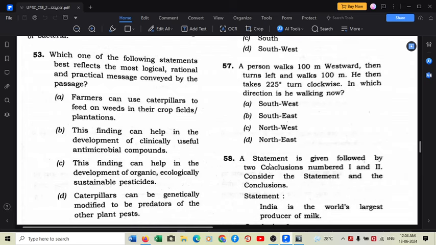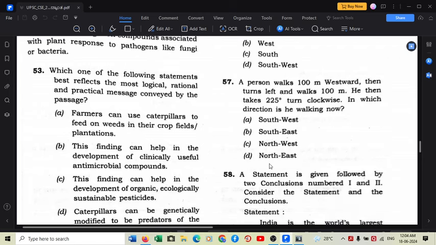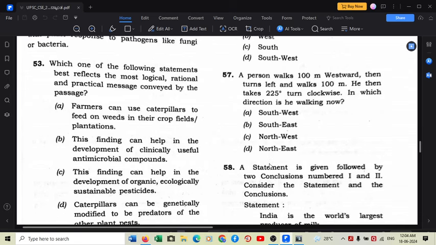If you see the last line, the focus is on the find that could throw new light on compounds associated with plant response. Plant responds to what? Pathogens like fungi or bacteria. So new light on compounds. This line is aligning well with option B: this finding can help in the development of clinically useful antimicrobial compounds.